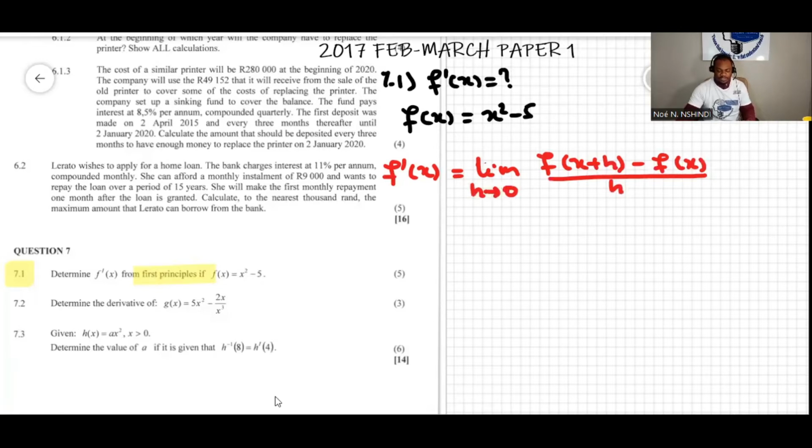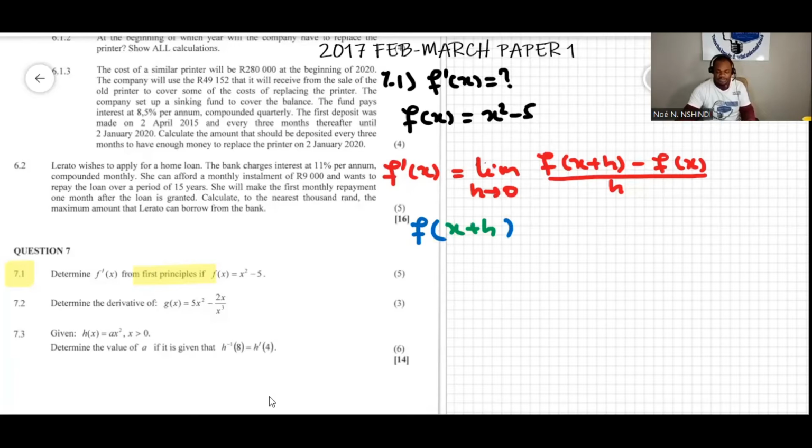Now I am going to work out f of x plus h first. It means where I see x, I'm going to substitute x plus h.